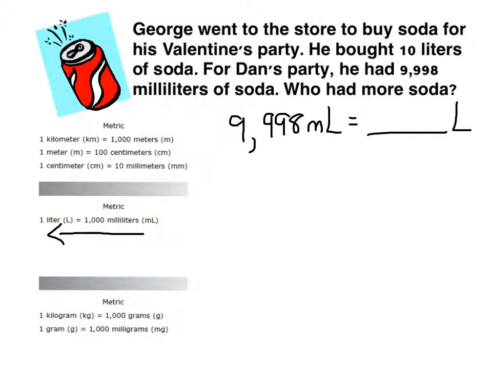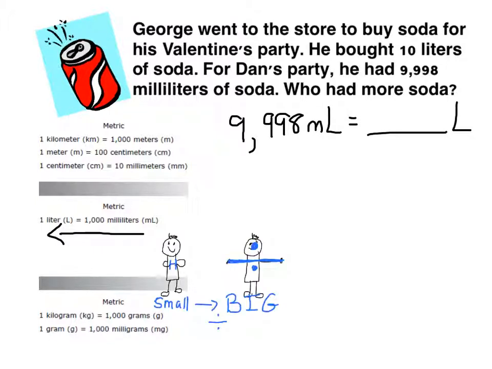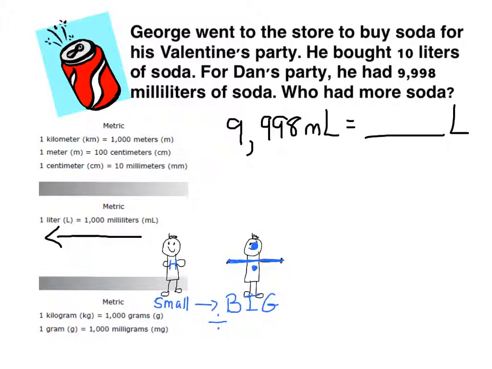So we're going from a smaller unit to a bigger unit, which means we're going to do what? You guessed it, we're going to divide. So we'll take 9,998 and divide it by 1,000, because I'm looking here at my chart and it has 1,000 there, so I know to divide it by 1,000.